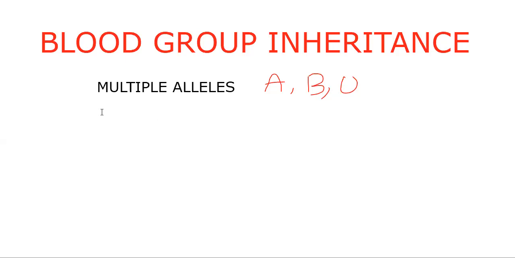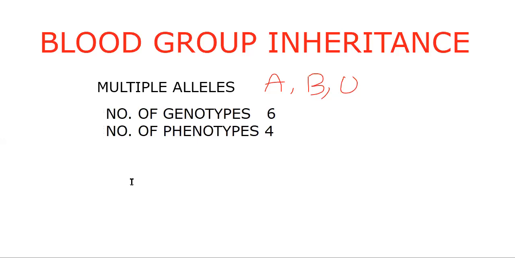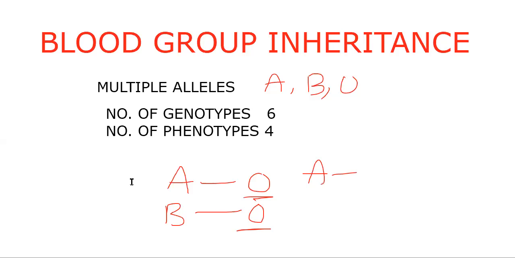Okay. So for three alleles, the number of genotypes we obtain is six, and the number of phenotypes is four: A, B, AB, O. When we discuss the inheritance pattern, A is dominant over O, B is dominant over O, and A and B are said to be codominant.